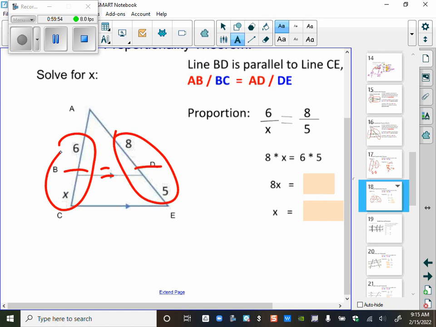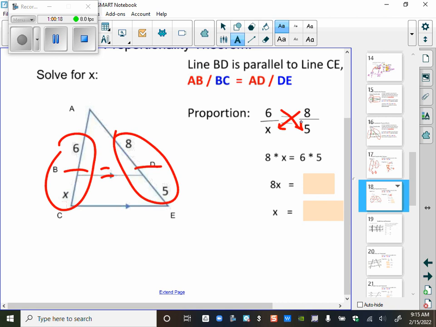Just worry more about, do we have a value of x? That's what I'm worried about. Again, you already have your first step. There's your 6 over x, 8 over 5. Boom.